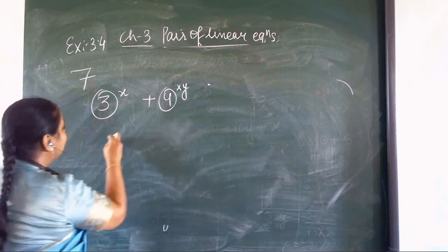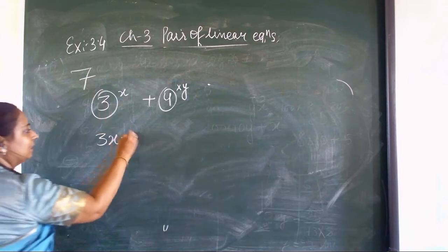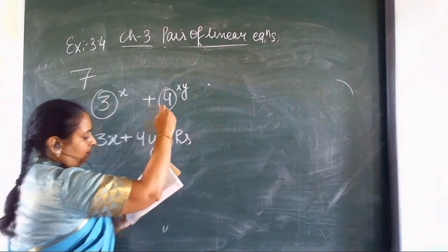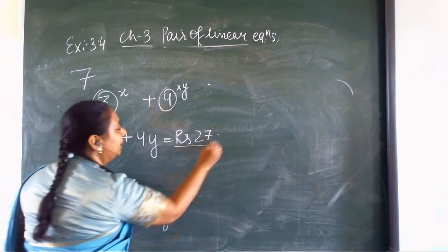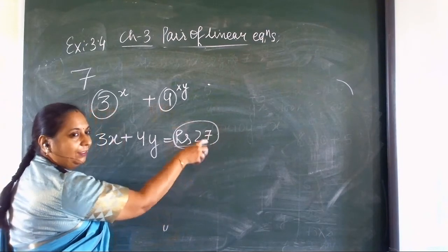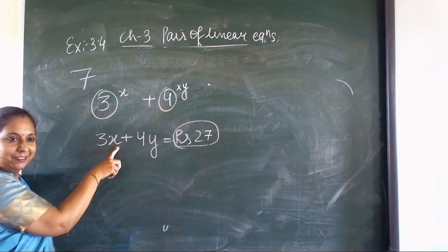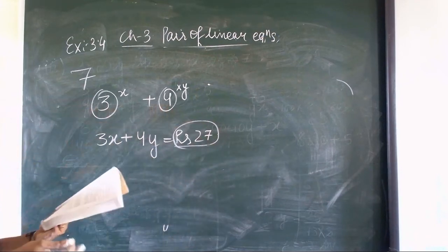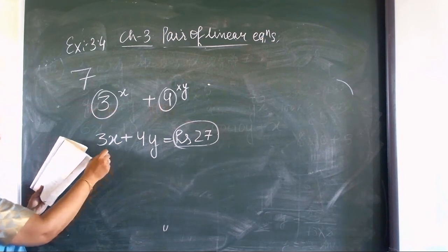So the equation becomes 3x plus 4y is equal to ₹27 for Sarita, because Sarita paid this much amount. 3x is the amount paid for the first 3 days and the additional for the 4 days. Clear? Now similarly the other equation is for 5 days.